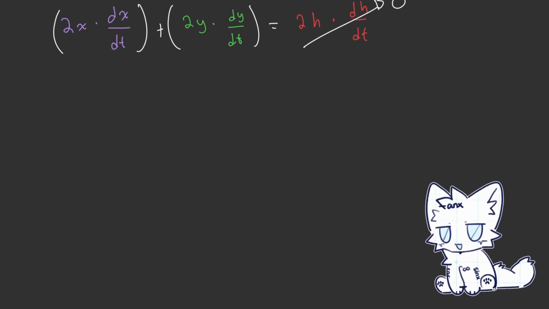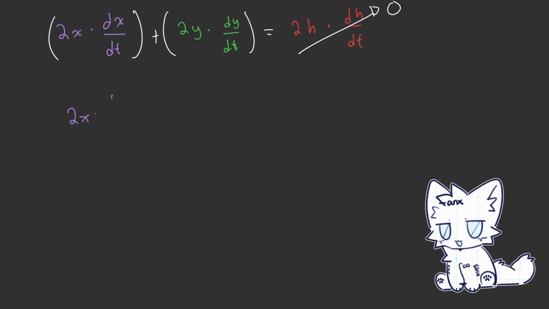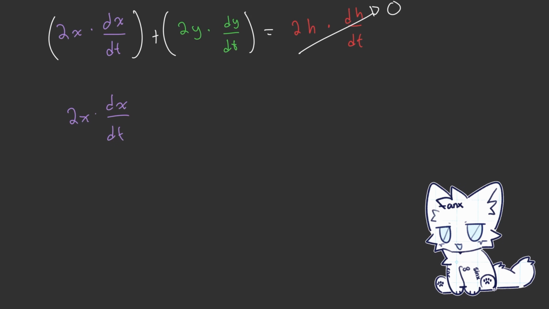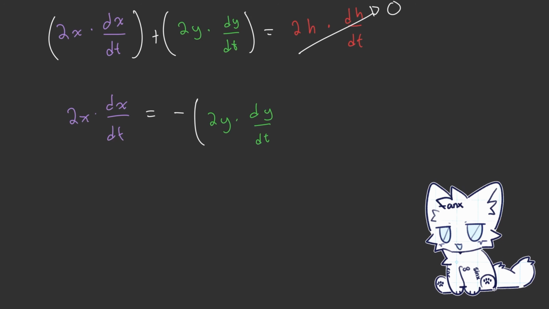So we can rewrite this equation: 2x times dx/dt is equal to negative 2y times dy/dt.